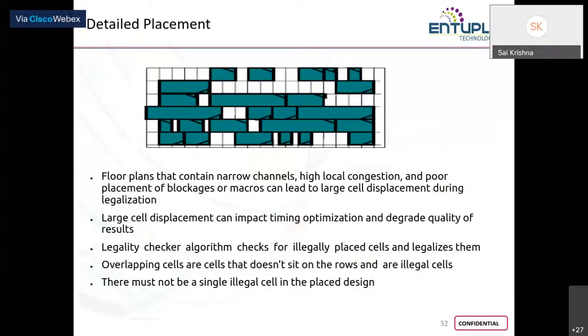For Synopsys, it should be less than 6%. For Mentor Graphics, it should be less than 20%. Every EDA toolset has its own tolerance level. If your congestion is within that level, it's fine. Else, you will have to rerun your placement with certain extra efforts.